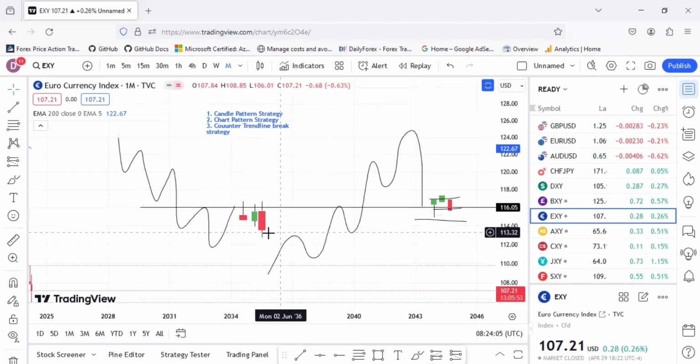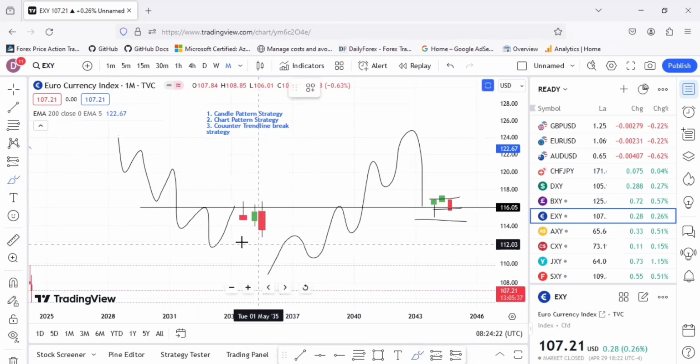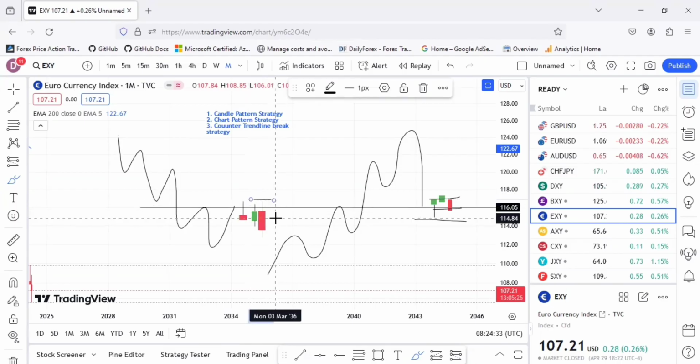So as soon as you see this, you can just do what? Jump into the market. As soon as this bearish candle closes, that forms an engulfing to show you that it wants to sell. So as an aggressive trader, there are two ways you can enter this market. The first one is immediately this candle closes, you jump in, okay, and you put your entry here, your stop loss here.